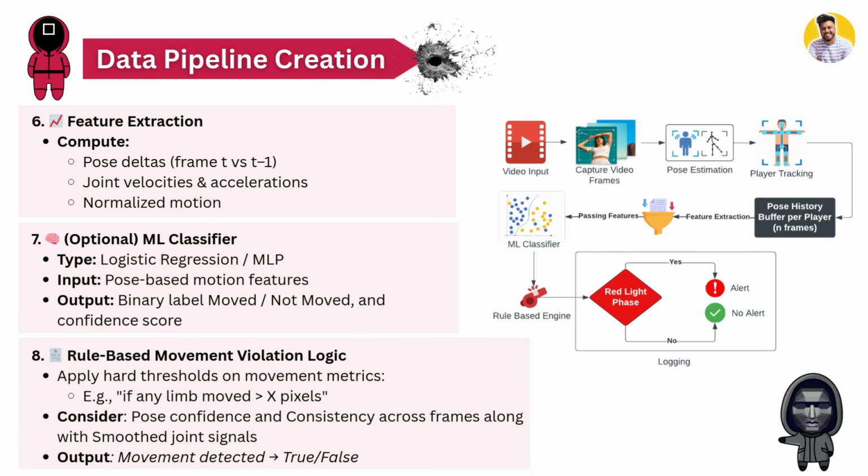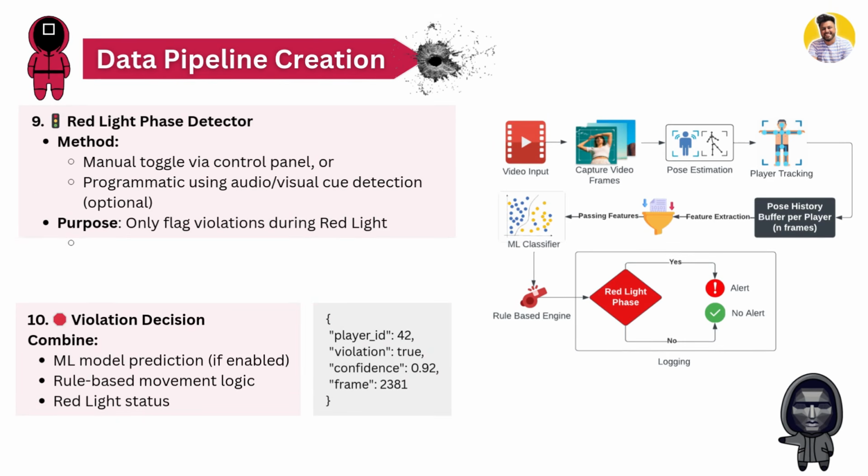Okay, so whenever a person shifts an arm, leg, or any kind of body part, and that changes from the last frame, that is considered a violation. Okay, so all these features are created only in the red light phase, because we can manually toggle our model to run via the control panel programmatically, because we need to flag violations only during the red light.